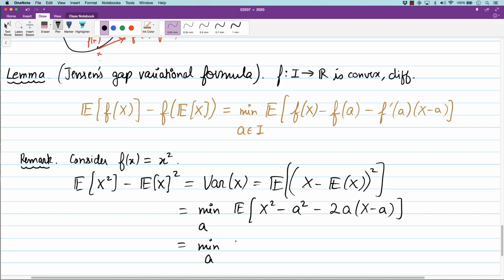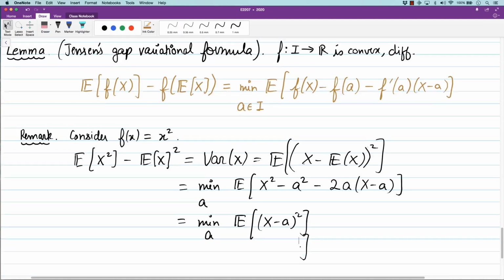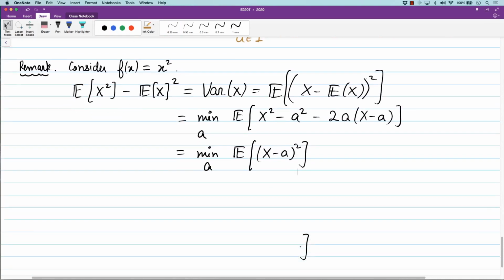And if you look at this formula carefully, you get plus 2a square minus 2ax. This is nothing but x minus a square. So this brings out the familiar formula.